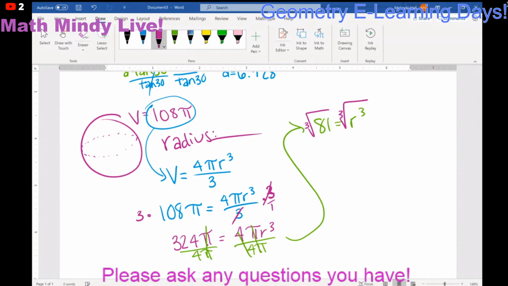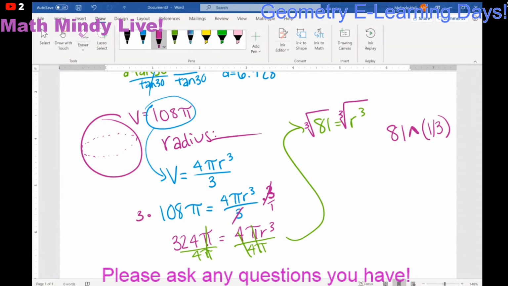And you do have a button for it on most calculators, but if you don't, you can also put it to the 1/3 power. So FYI, if you don't have one, your way of manually entering this is your little exponent button and then 1 divided by 3. Because remember with radicals, you can rewrite them as exponents instead.